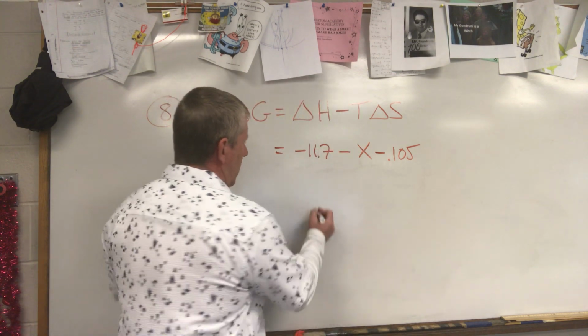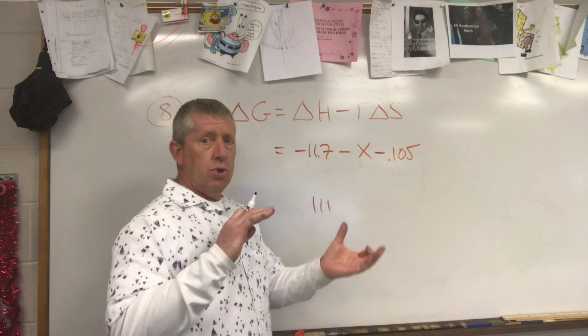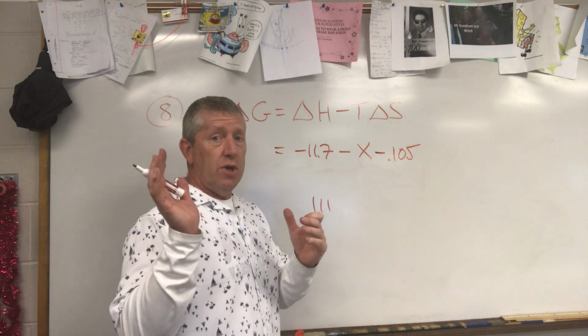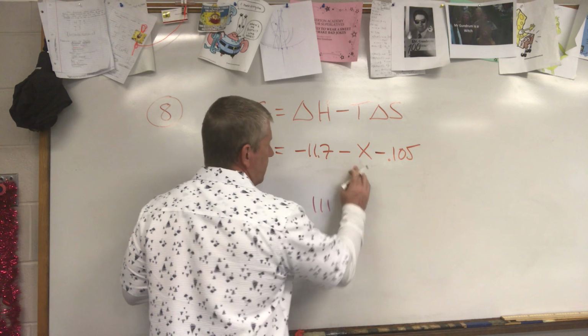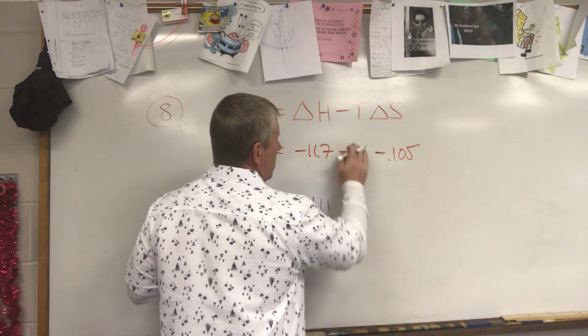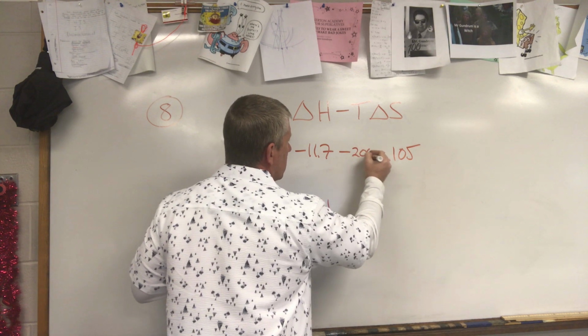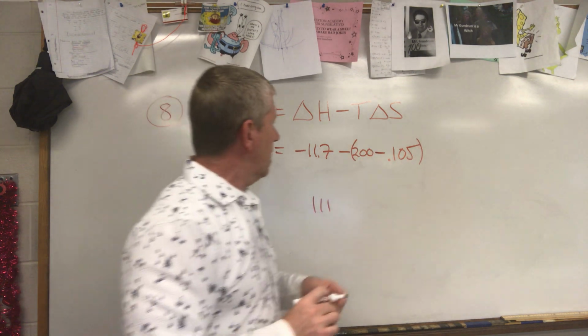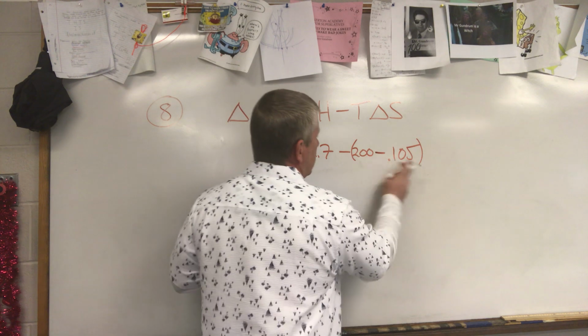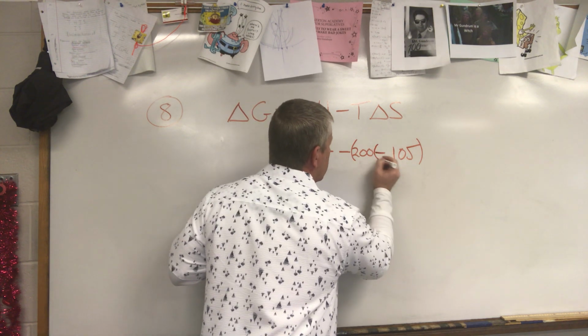So remember, 111 is the tipping point. Should it be spontaneous or not spontaneous if we change the temperature? If I make it a greater temperature than 111, I'll put 200 in here. Now you gotta remember, this is not to subtract. I should redo this.